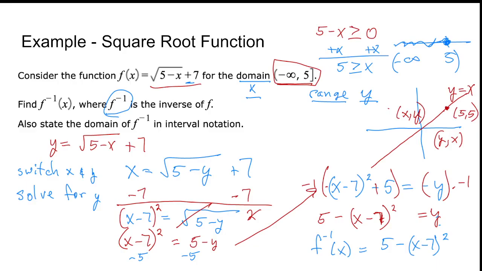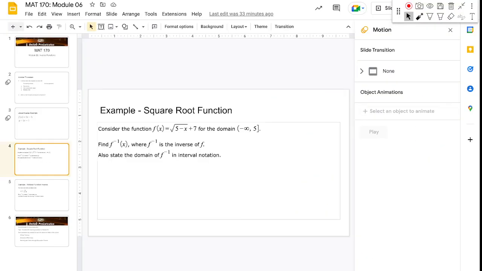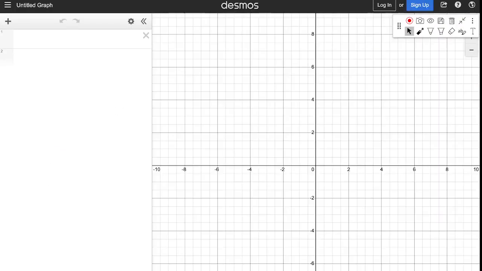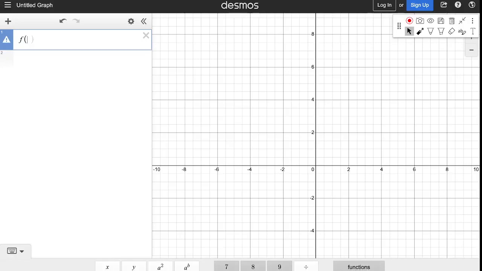So let's go ahead. Let's see if I can do this. We're going to go to Desmos. We're going to graph these two, and let's see if we can see this property of y equals x, if this reflection happens. So we have the square root of 5 minus x, plus 7. We'll just drop over to Desmos, and we'll put in f of x.